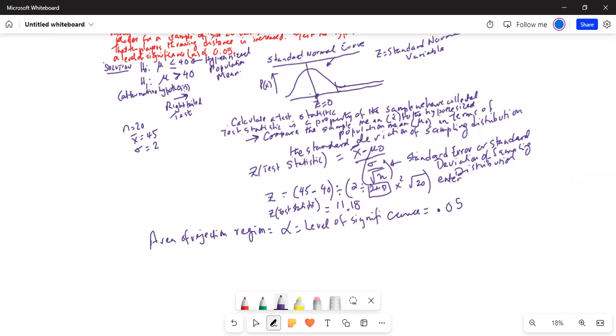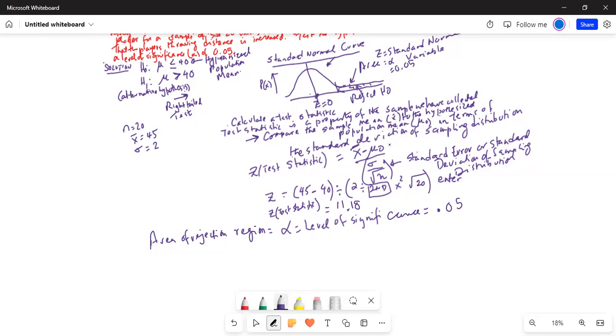So if this is my rejection region, this area over here is alpha. This is where we will reject H0, in this area. And this area is equal to alpha. In this case, we already know alpha is equal to 0.05.